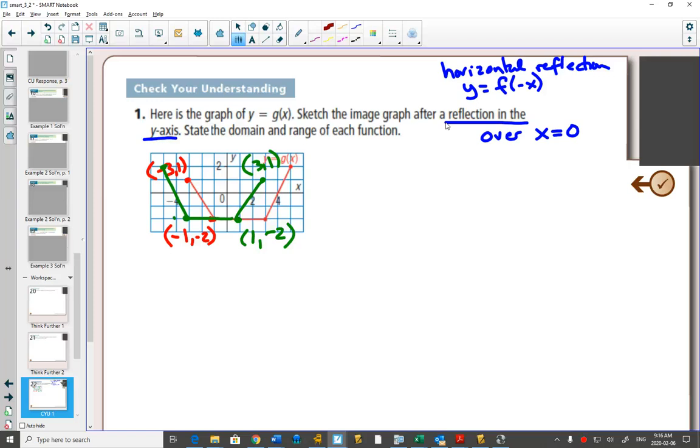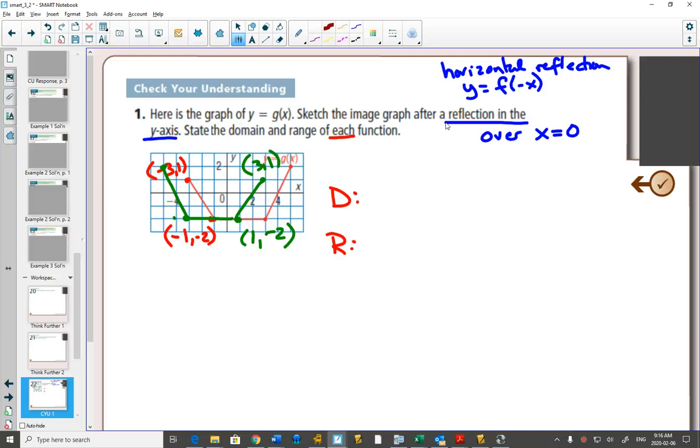Then state the domain and range of each function. Okay, so it's important to read right to the end because you might not see that each function and just do one of them. So for our original function, the domain and range, and I'm going to use just interval notation in this question. Domain, to do your domain, your x values, think about what's the smallest x value.